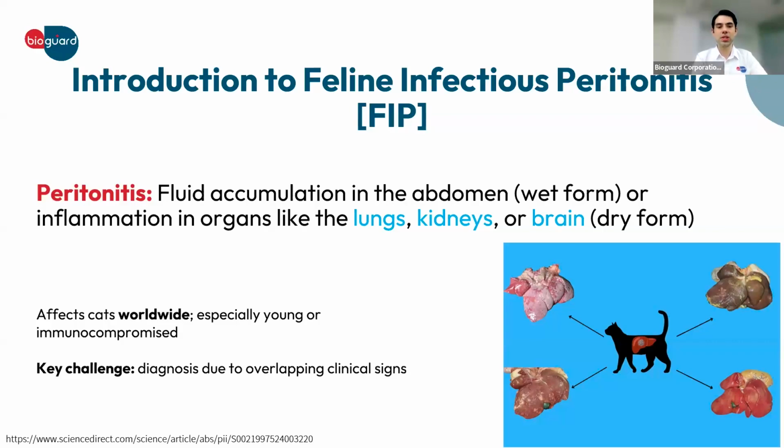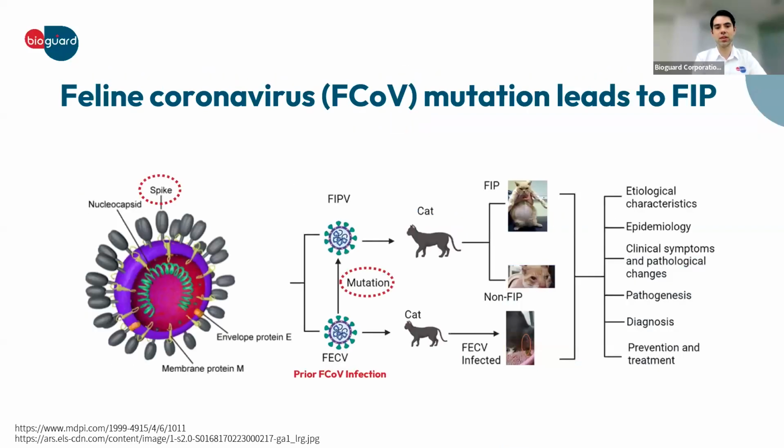That's why using the correct diagnostic tool at a certain time interval when the cat is infected with FIP is very important. However, FIP is not a virus that exists in nature. It's actually FCoV, feline coronavirus, that is responsible for the development of feline infectious peritonitis virus.